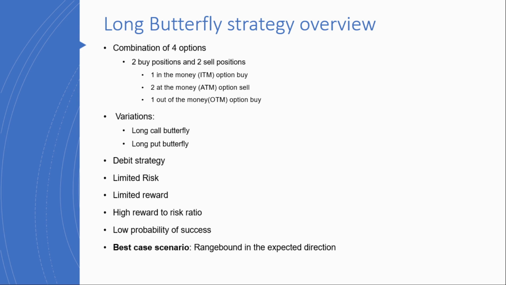Suppose you are doing this strategy with call options, it needs to move a little bit above where you are entering the position. Depending on the strike price, I can tell exactly how far it needs to go. But generally, the movement should not be more than the width between the buy and sell positions. So the room for movement is very, very little. That's why the probability of success is quite low.